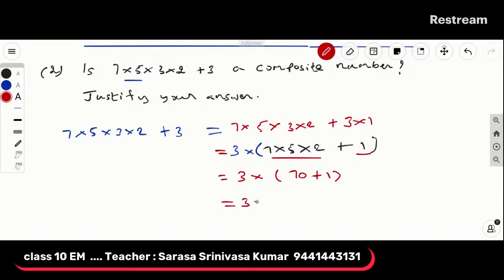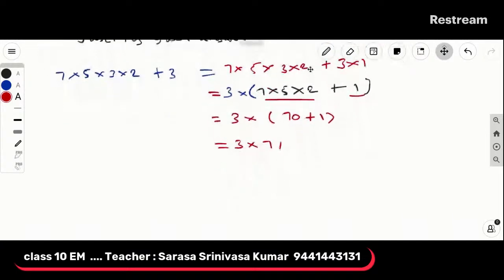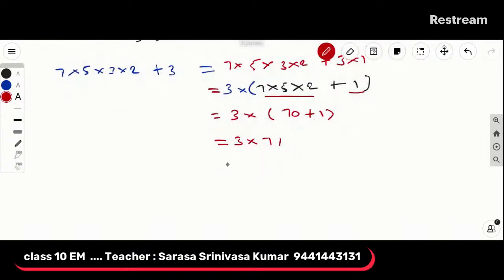This is 3 multiplied by 71. So finally we get 213.